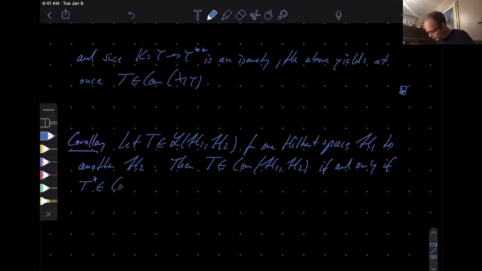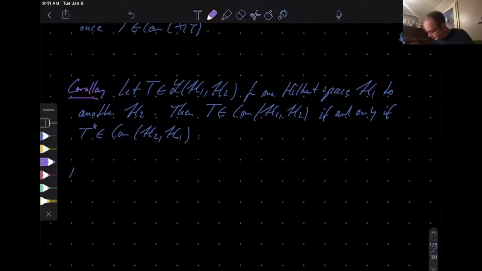And remember, the adjoint still went the other way, but there's no duals here in the game anymore. Okay, so this is a corollary. Why is this true?